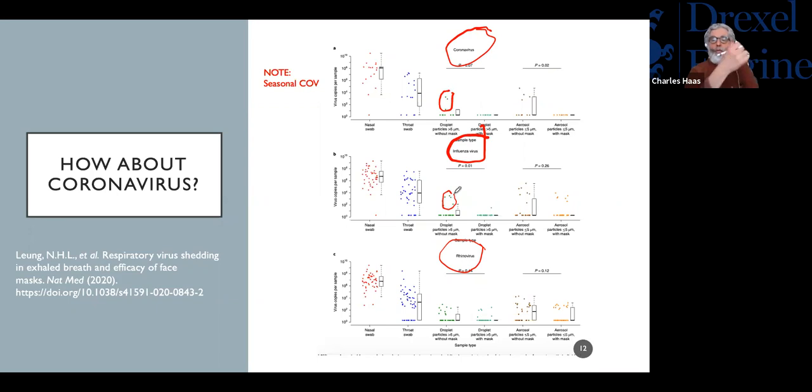One of the reasons I put this figure up is that it shows similarity in behavior amongst these three viruses, which leads us to suggest that maybe CoV2 would be similar in behavior as well.